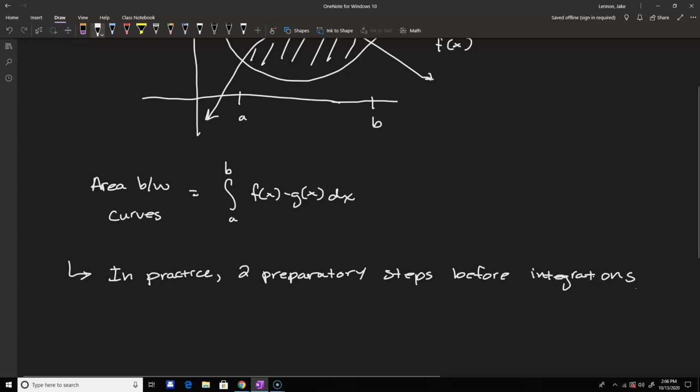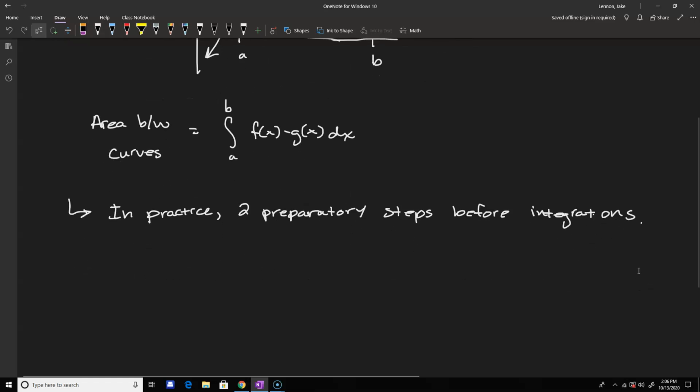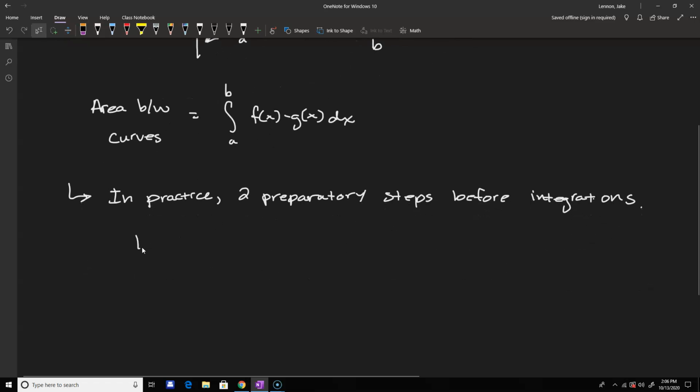So you have to solve for where those two curves intersect. And the other is we have to determine which graph is going to be on top. Because a lot of times you may just be given the formulas and you don't exactly know what the picture looks like right off the bat. So either you have to graph it or use some other means of deduction to figure out what curve is going to be on top.